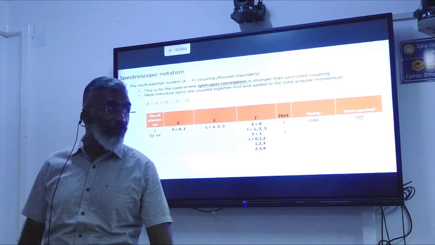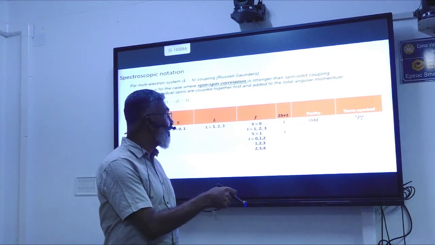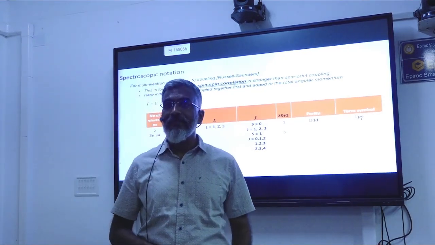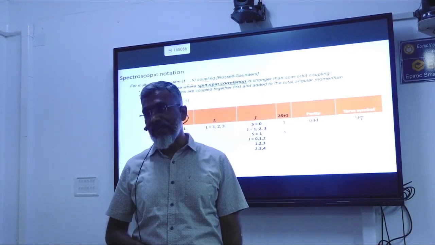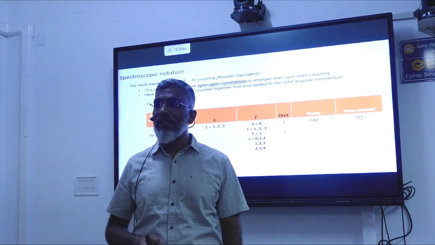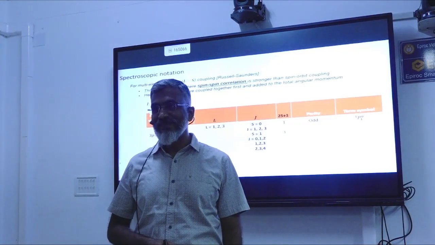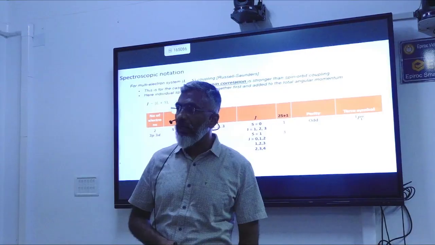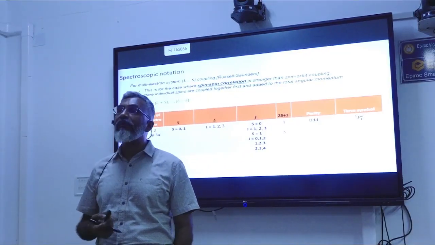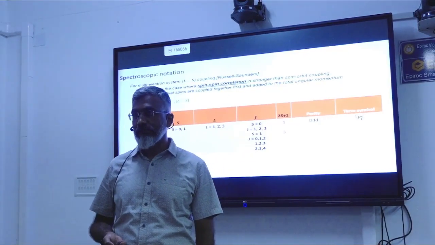What will be the J value for this? 1. And it's a singlet. If it's a singlet, you should know the spin also. Or if you have J, you can find this.